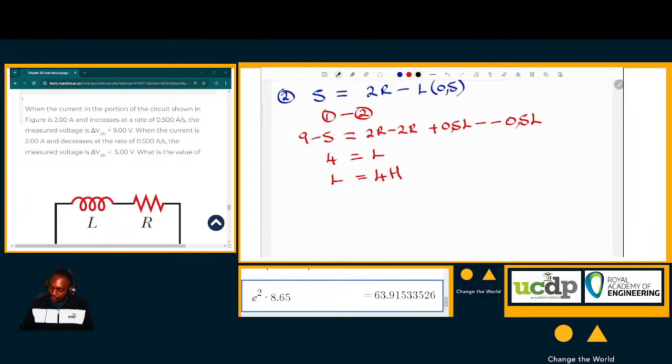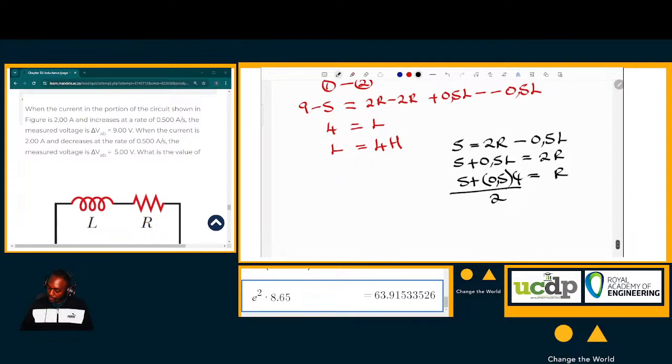5 equals 2R minus 0.5L. So 5 plus 0.5L equals 2R. Then that becomes 5 plus 0.5 times 4, which equals 2R.